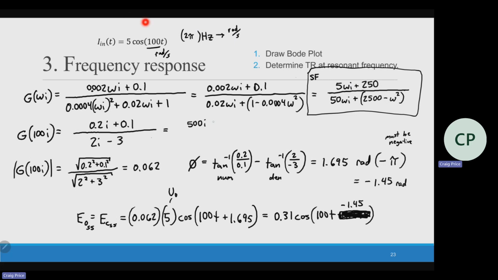500 I plus 250. And then we have 5,000 I plus 2,500 minus 100 squared.